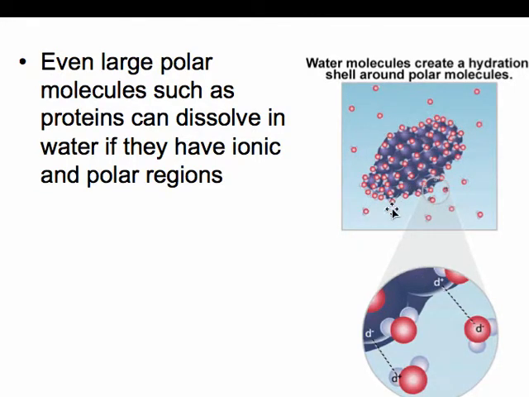Here is a protein, and you can see it's dissolved in the water because on negative parts of this protein molecule, we're attracting positive sides of our water molecules, and the positive sides of this polar molecule are attracted to the negative sides of our water molecules.